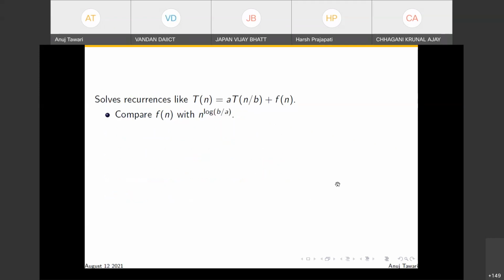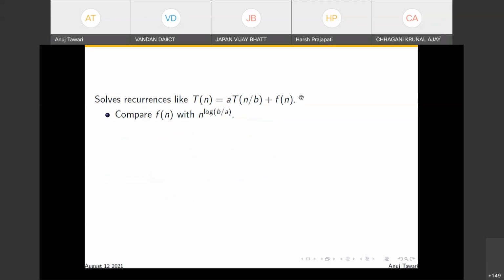And if you need a proper theorem-like statement, where you want to apply a theorem and solve this recurrence, then we have something called the master theorem, but it only works for a specific kind of recurrences. It looks like this: Tn equal to A Tn by B plus f of n.